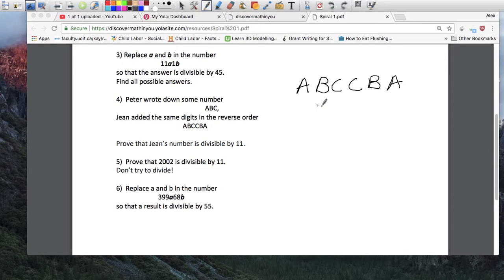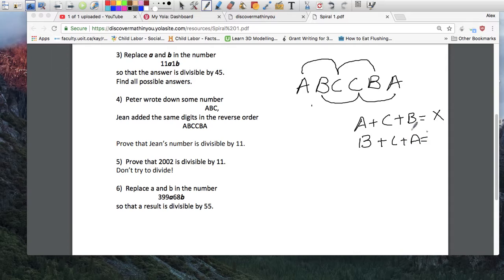Okay, what can I tell you? Well, I can tell you this. The rule for 11 says that if I take the first number plus this number plus this number, and I add those three up, let's say A, whatever A is, plus whatever C is, plus whatever B is, it's going to give me a value, and let's just call it X. And then if I add this B plus this C plus this A, it should give me another value.